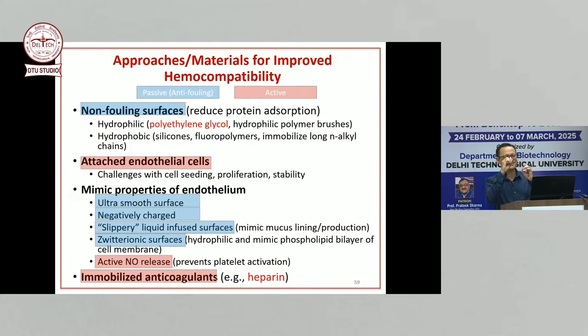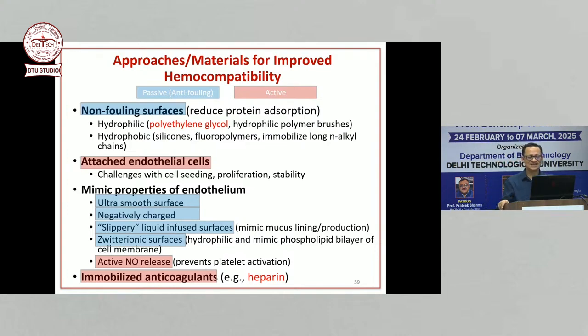So if a stent is there, the sooner it gets covered with this endothelial cell lining, the better it is, because now blood will keep flowing on it without getting activated, right? So you can immediately think, oh, so on my device I can grow endothelial cells and then implant that.